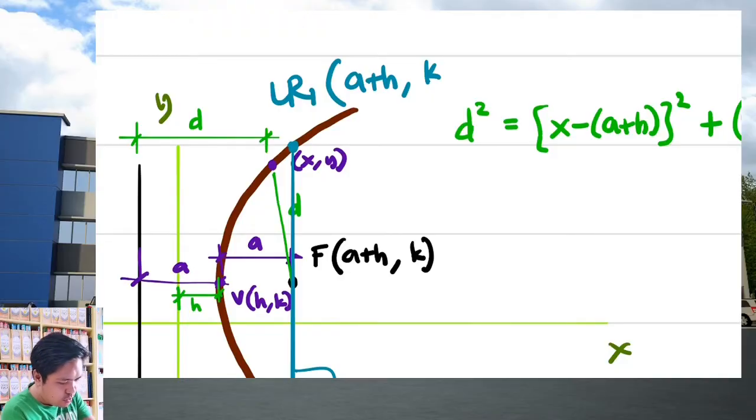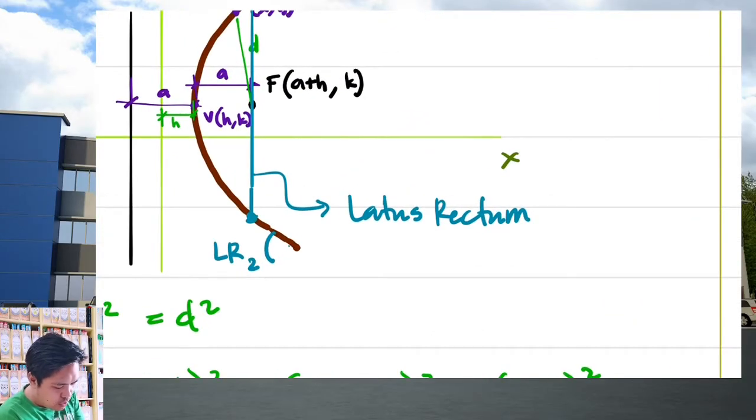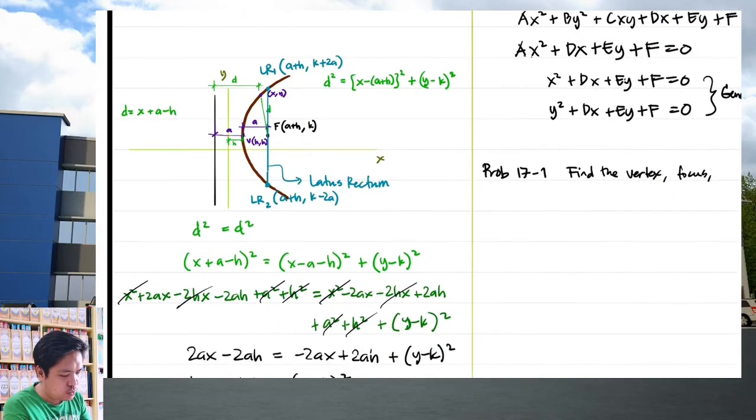So that would be k plus 2a. Now, down here, let's call this LR2. It is located still at a plus h, but going downward. That's k minus 2a. So that's the location of the ends of the latus rectum.